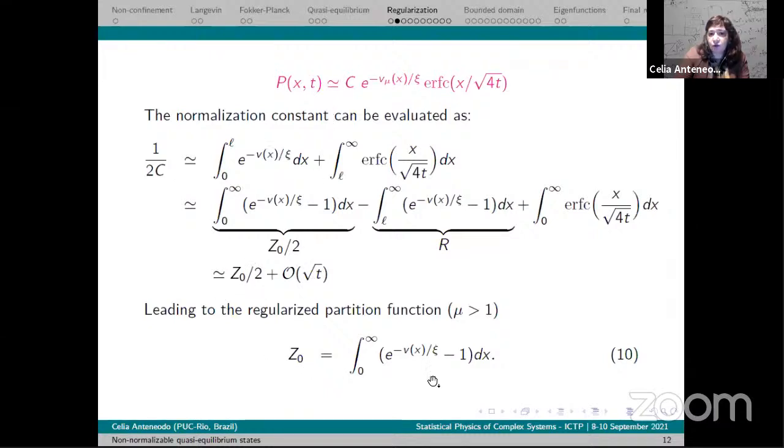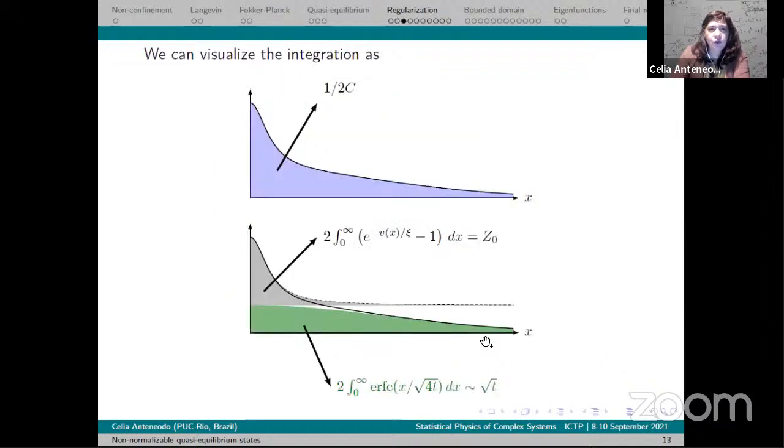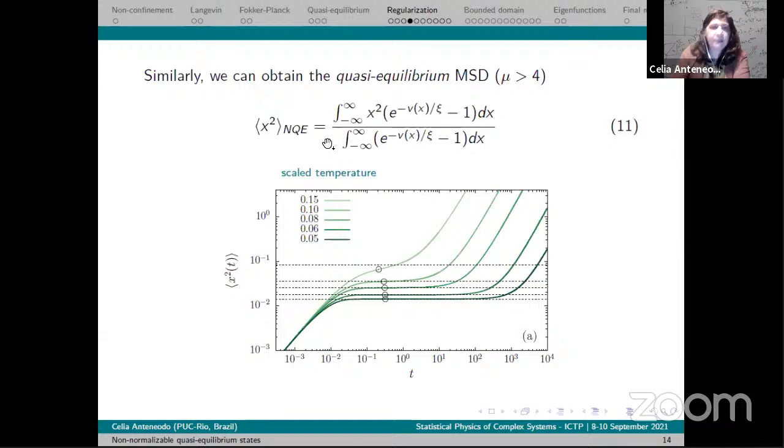This function resembles a partition function, but it was regularized by this term, similar to what is done in the virial expansion. So what we have here is the normalization factor.